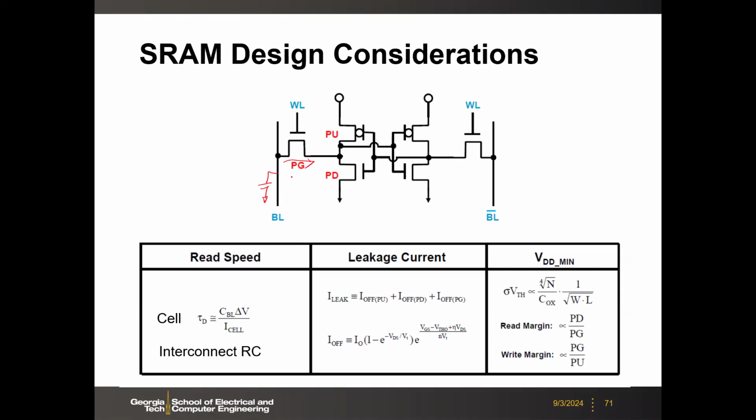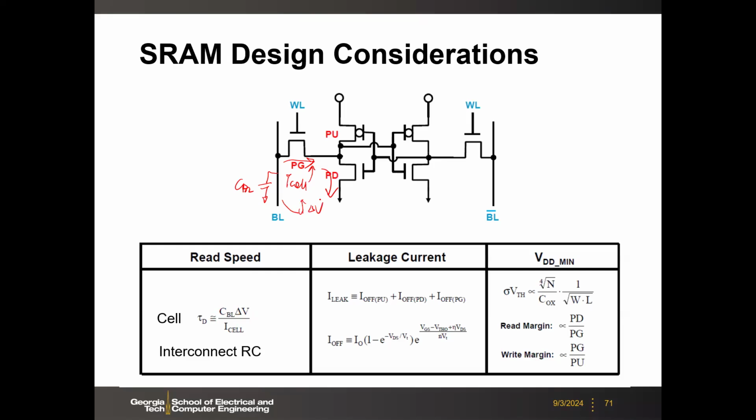So this I cell essentially is this cascade, of course, includes the pull down transistor, which is like two resistors in series. So the combined total resistance determines this I cell, and then C, the parasitic capacitance, CBL, times delta V, which is the voltage drop you want to develop between the bitline and bitline bar.